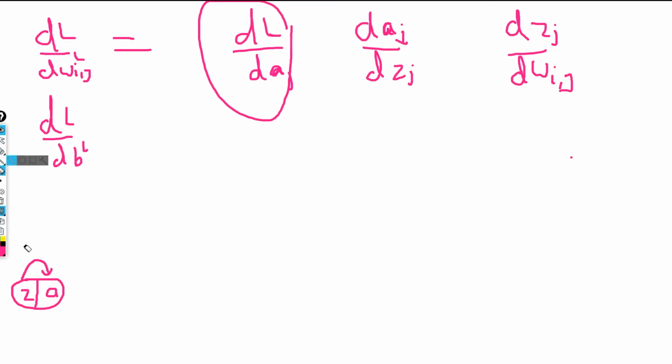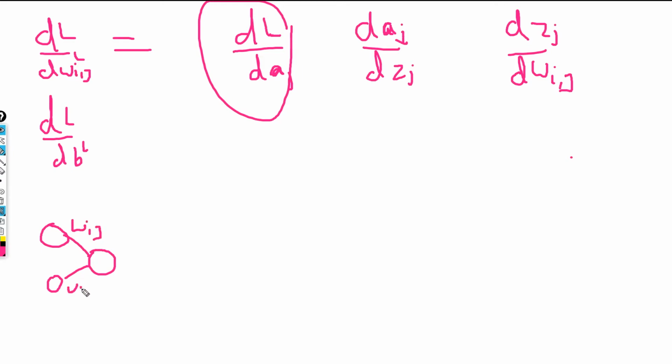Now what we have here is this final output which came from the previous layer, and we have wij. This is our output. So we got the loss up to z, and now how did we get the value of z?